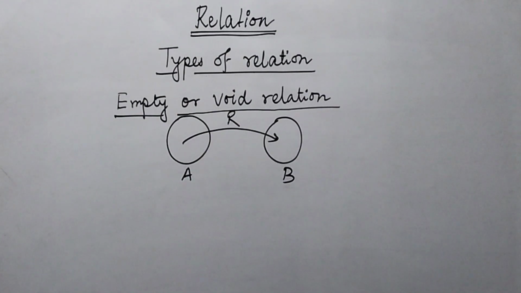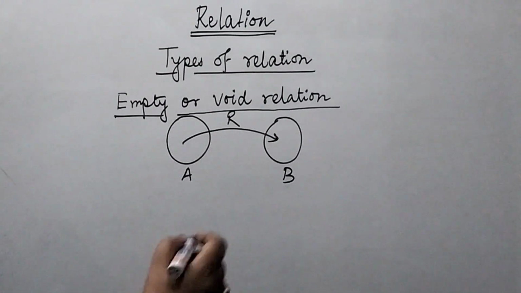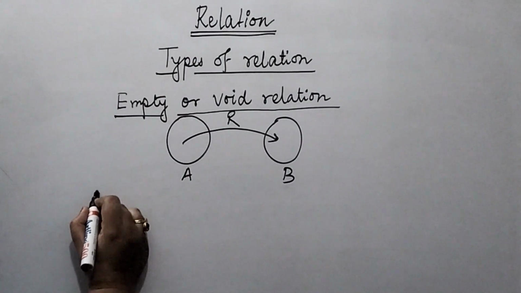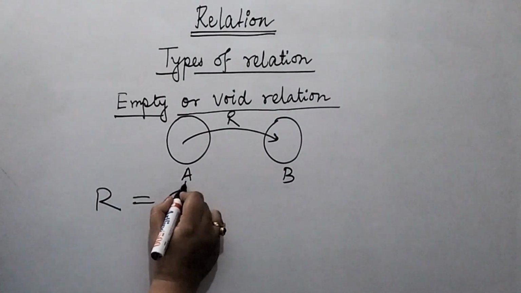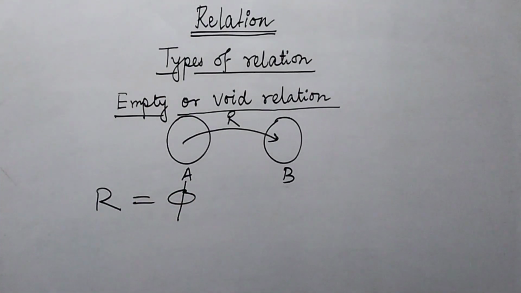But if we get no such element in A cross B which satisfies the structure or the definition of R, then what will happen? Obviously R will be an empty set, right? So R will be empty if no element of A cross B satisfies the definition of R. So in that case, we will get that R is an empty set, right?